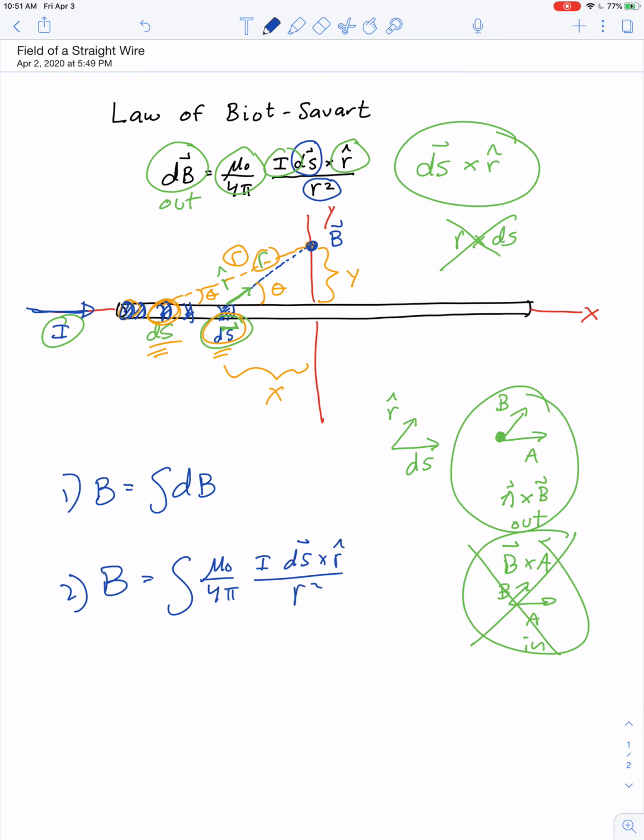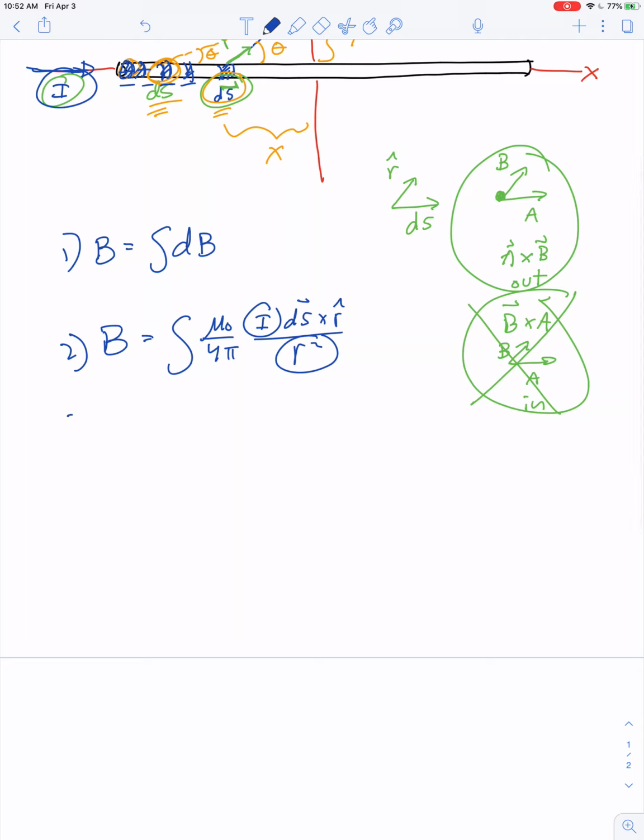So as we've shown, every ds has a different value of r, so we can't take that out of the integral. But the same current flows in every one of these little elements ds, right? There's just one single current that flows through the full wire. So in step 3, we'll take out of the integral all the values that are constant, and that gives us mu naught times I over 4 pi times the integral of ds cross r hat over r squared.